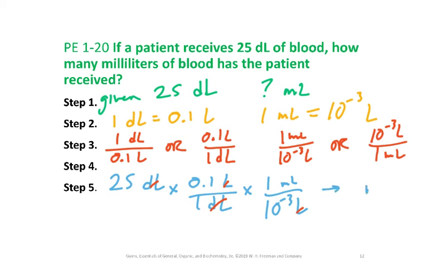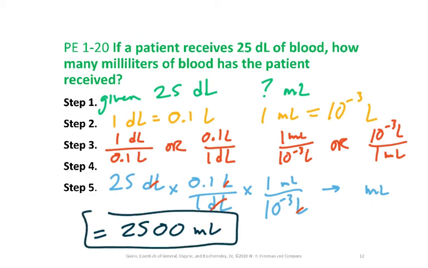We're left with milliliters, and stringing it all together, we get 25 times 0.1 divided by 0.001 equals 2,500 milliliters. Okay, we will stop here and return in part 2 for some more practice problems.